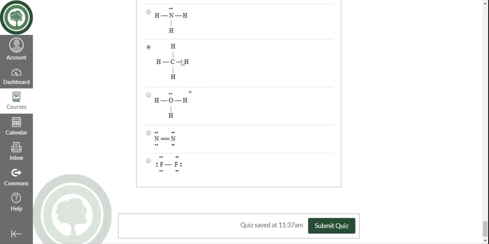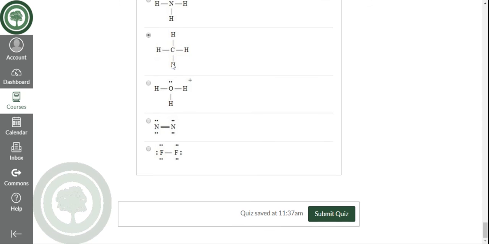There's 4 bonds to carbon, no lone pairs. This is hydronium, and typically oxygen would have only 2 bonds, but 1 non-bonding pair. But because of this positive, it loses an electron and it's able to make a 3rd bond.